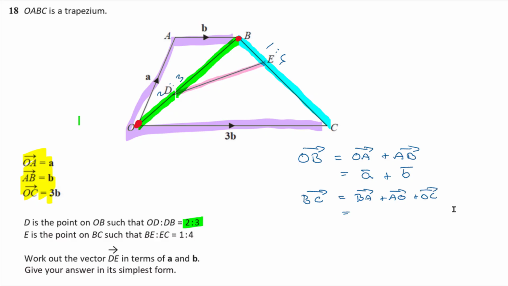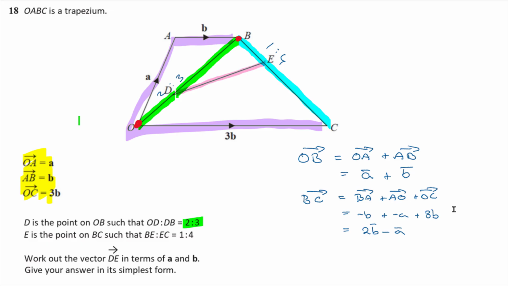That will take me there. So B to A, that's minus b. A to O, that's minus a. And O to C is 3b. So collecting like terms, that is 2b minus a then, isn't it? Okay. So I've got O to B, which is a plus b, and I've got B to C, which is 2b minus a.